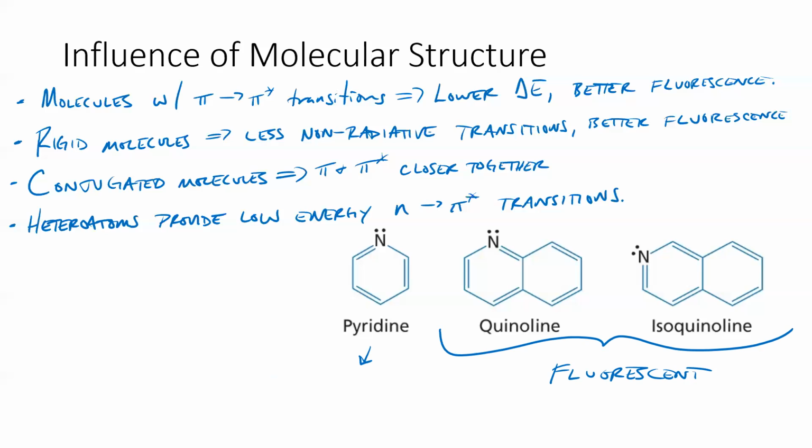That the pi to pi star transition is, once it's excited, it converts quickly to a triplet state. And what do triplet states do? Phosphorescence. Yeah. So pyridine phosphoresces. That's a fun word to spell.